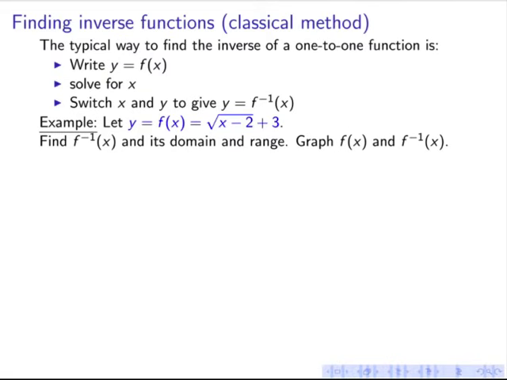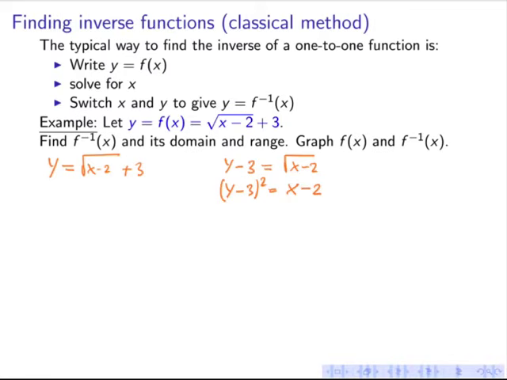Let's do that in one example. f(x) is the square root of x minus 2, plus 3. So then I write y is equal to the square root of x minus 2, plus 3. And now the second step is to solve for x. So I move the 3 to the other side, I get y minus 3 equals the square root of x minus 2. And now I take the square, so I do (y minus 3) squared is equal to x minus 2.